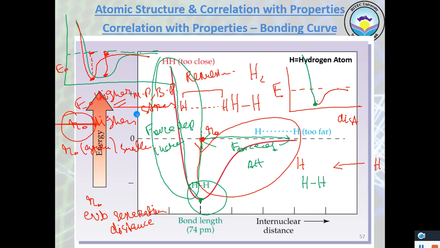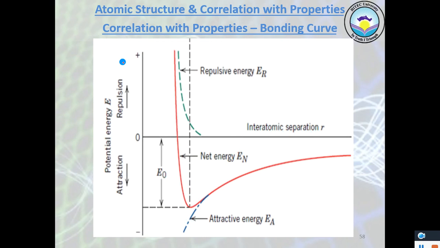On the other hand, the R naught point for the green curve is not much steeper. So because of the less steep curve, green line, you can say it will have low melting point, low boiling point, low strength of material, and a higher coefficient of expansion and contraction. Okay.